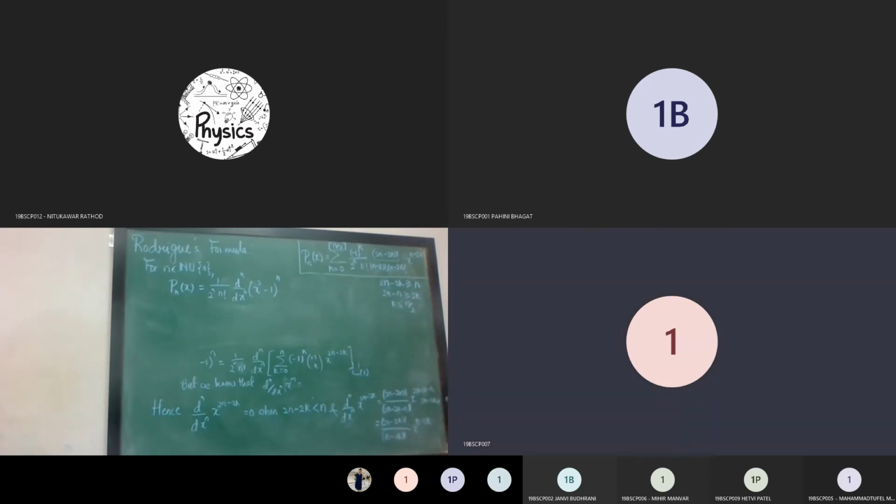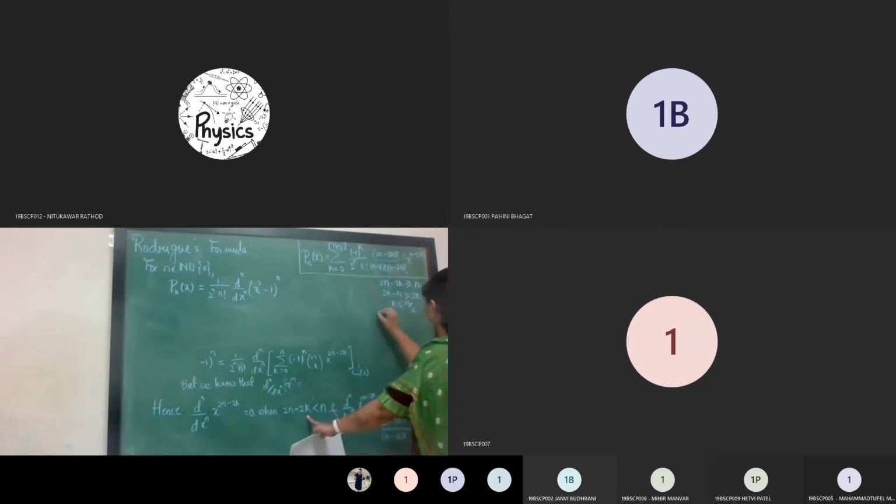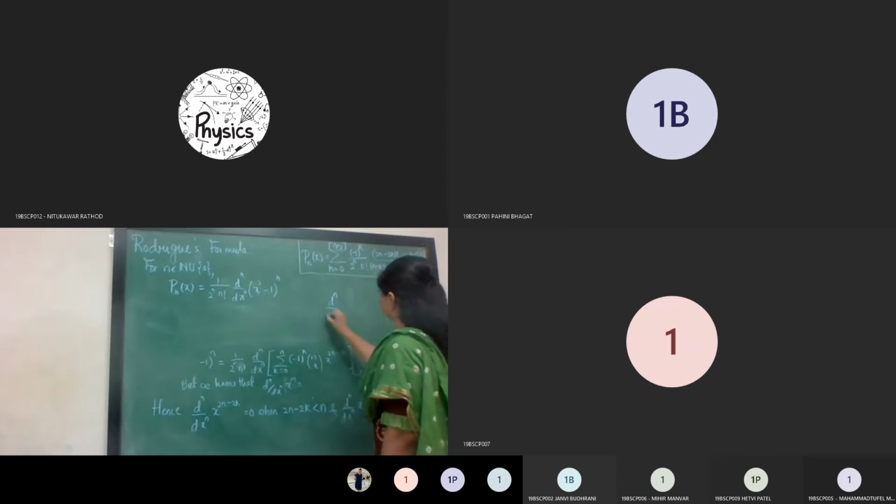Yes, ma'am. Okay. और यहाँ से जो केस ले रहे हैं वो क्या है? So this is the case when you will get the corresponding entry is non-zero. So the nth order derivative of x raised to 2n minus 2k is equal to this factor.